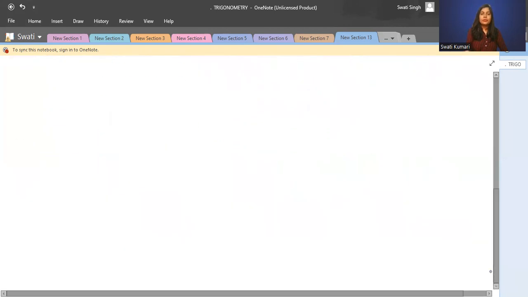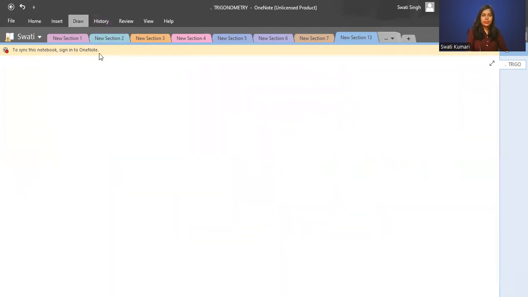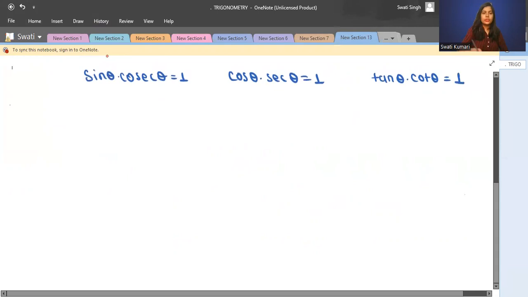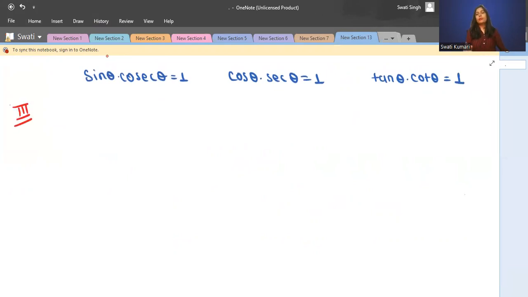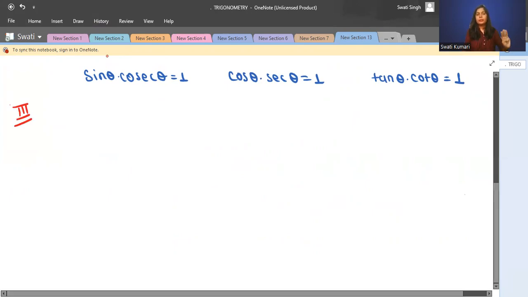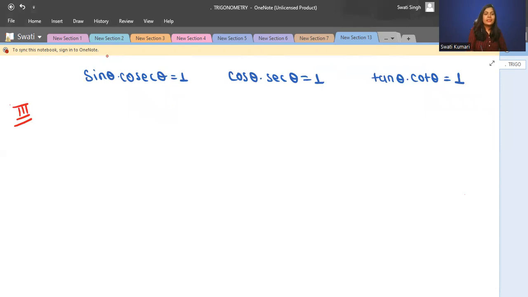Now let us move to the third set. I'm just going to cover the 3 most important trigonometric identities. The first one, everyone knows this basically, sine square theta plus cos square theta.